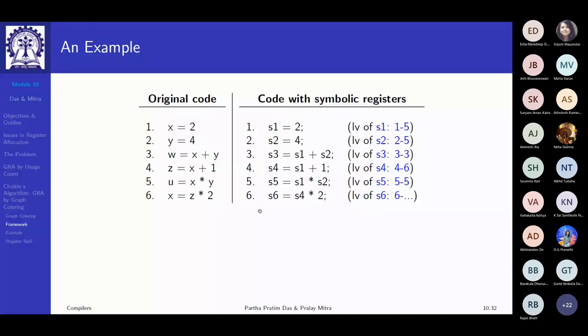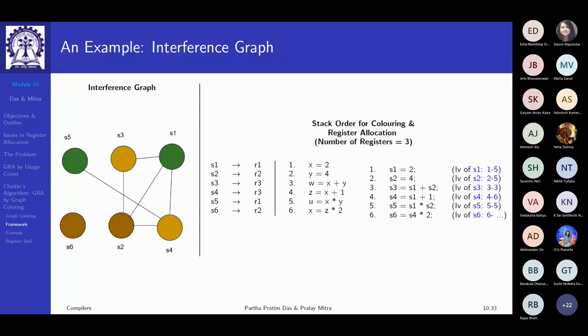Now, based on that, once we have that, we form the interference graph. I'll not go through every step, but you can say, for example, S1. S1 is live from 1 to 5. So it interferes with S2, S3, and S4.